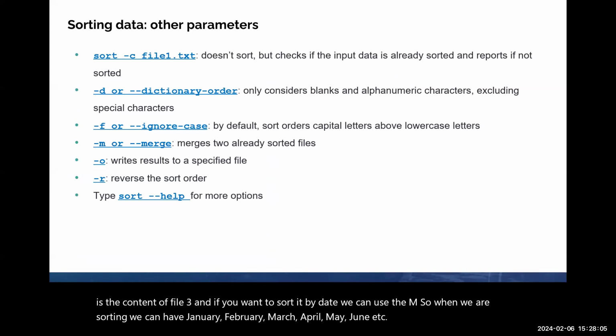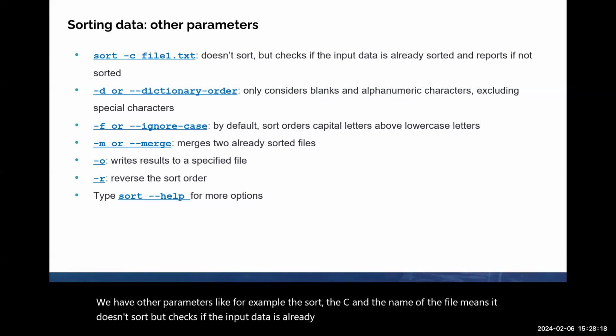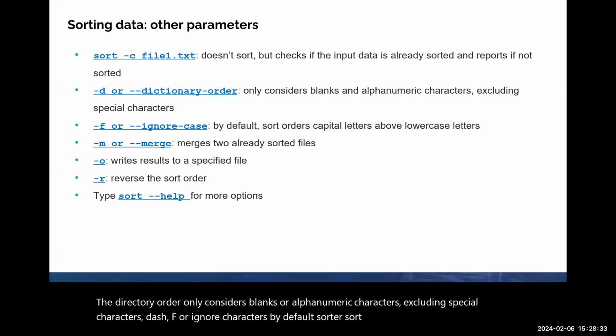We have other parameters, like for example, sort -c and the name of the file, which means it doesn't sort, but checks if the input data is already sorted and reports if not sorted. -d, or the dictionary order, only considers blanks or alphanumeric characters, excluding special characters. -f, or ignore case, since by default in the sort order, capital letters come above lowercase letters.